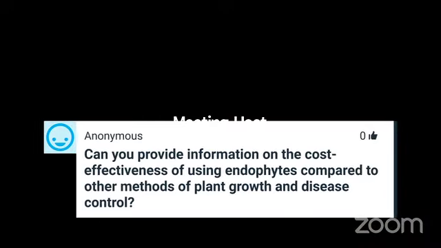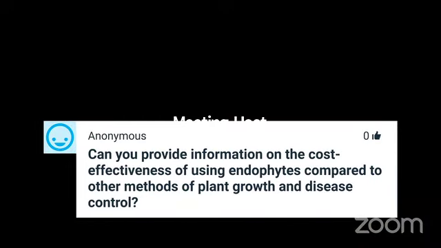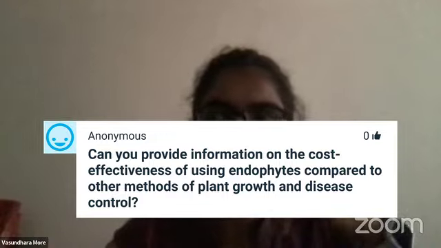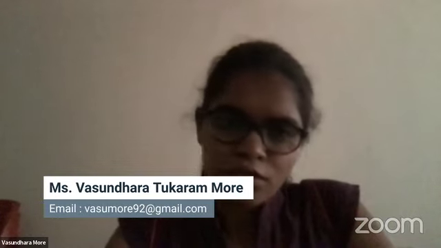Can you provide information on the cost effectiveness of using endophytes compared to other methods of plant growth and disease control? Cost effective means these bioinoculants are already available at a cheaper cost.